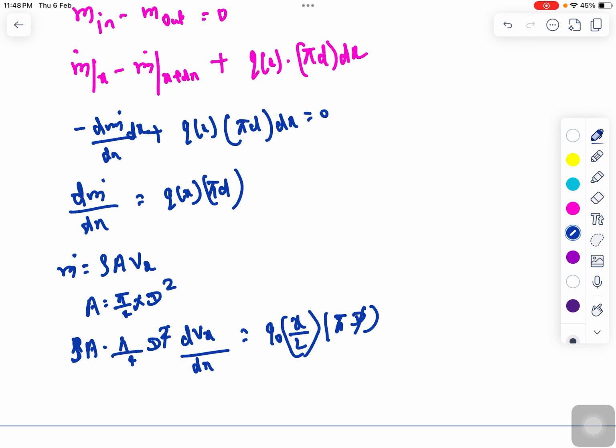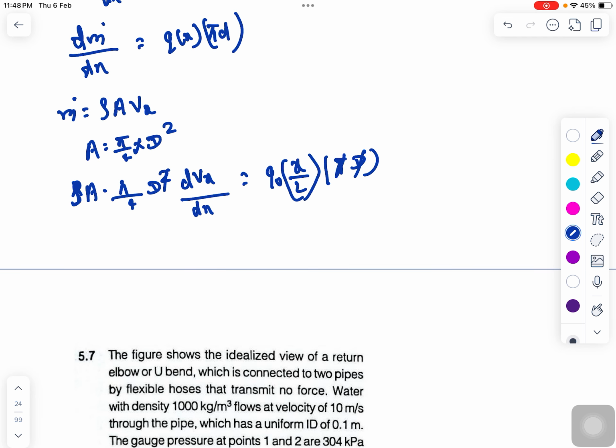So d and d will get cancelled out, pi and pi will also get cancelled out. Finally, we are supposed to calculate the velocity profile.